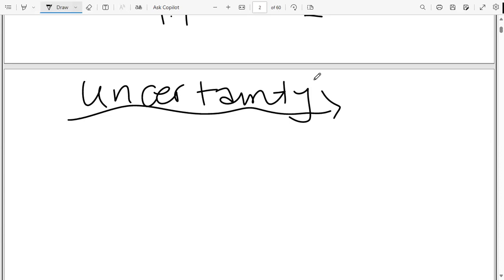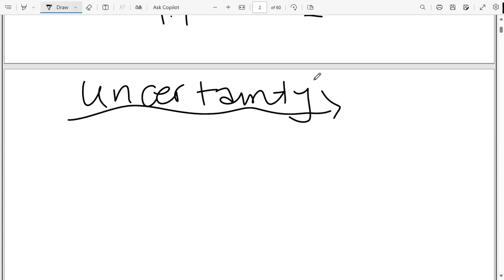So that is going to lead to what we are calling uncertainties. And when you are uncertain about something, that means you have an idea. You expect something to fall into a certain range, but it is not actually exactly the same.